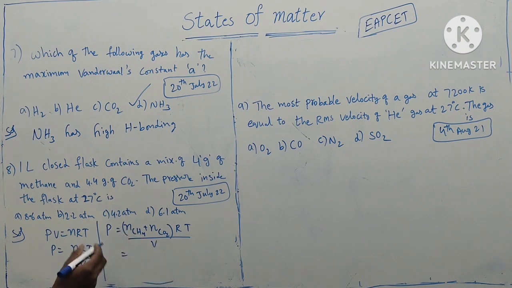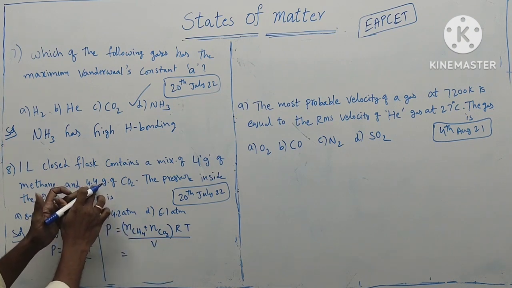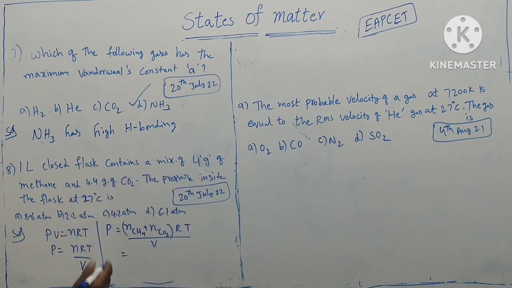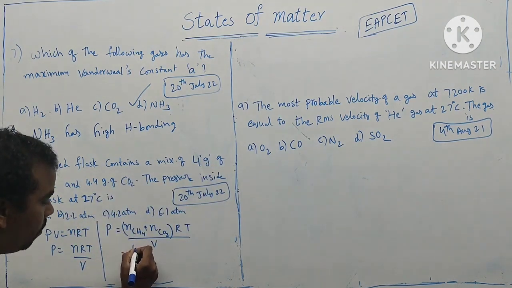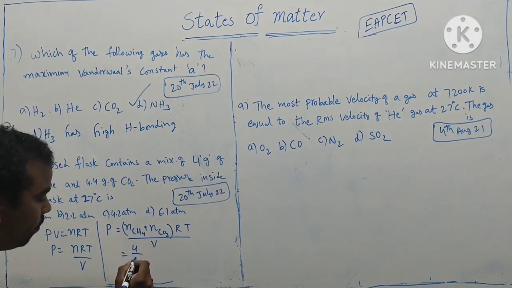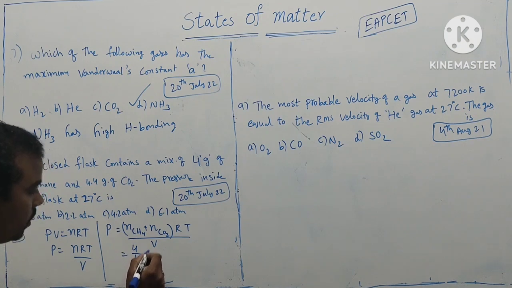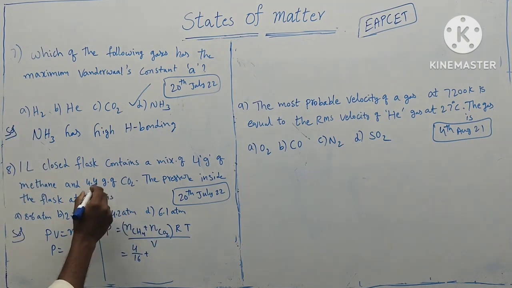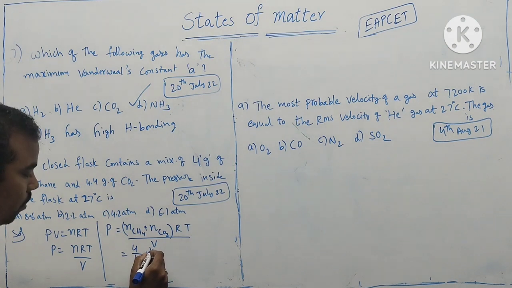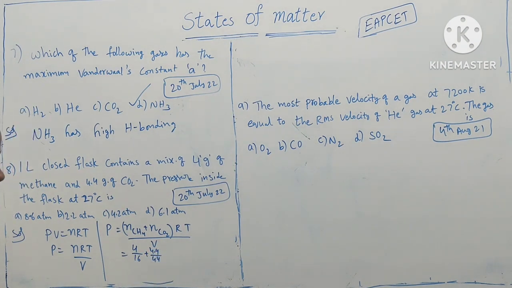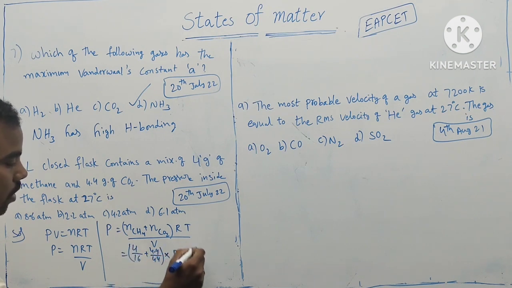Number of moles of CH4 means 4 grams of methane by gram molecular weight of methane, 16, plus number of moles of CO2, weight 4.4 by gram molecular weight of CO2, 44, into R value 0.0821.